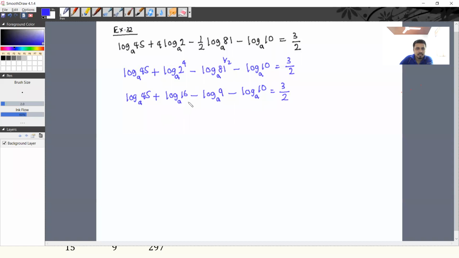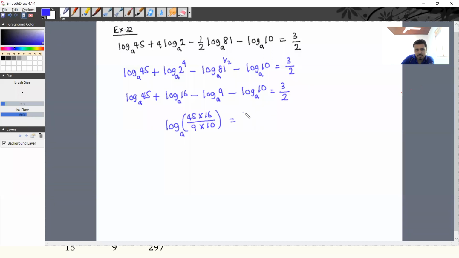Right. So here using the first and second laws of logarithm, we should be able to rewrite it. The base is the same. All the four terms have the same base. When there is addition, we multiply those two, 45 into 16. Then there are deductions, which means we need to divide by 9 into 10, to the base a.